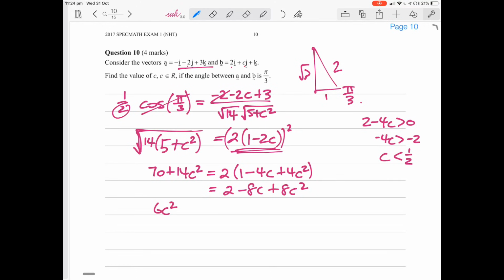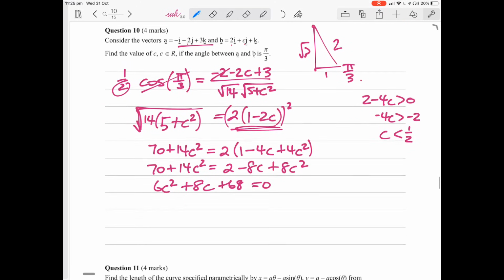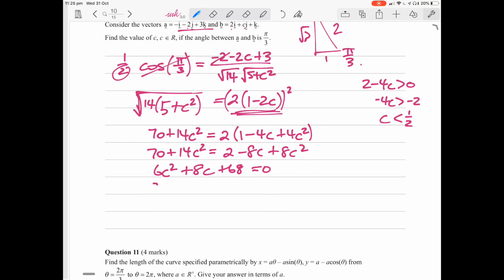So 6C squared, 70 plus 14C squared. So I've got 6C squared plus 8C, and then we've got to subtract 2, so 68. Is 0. Divide it all by 2, 3C squared plus 4C plus 34.